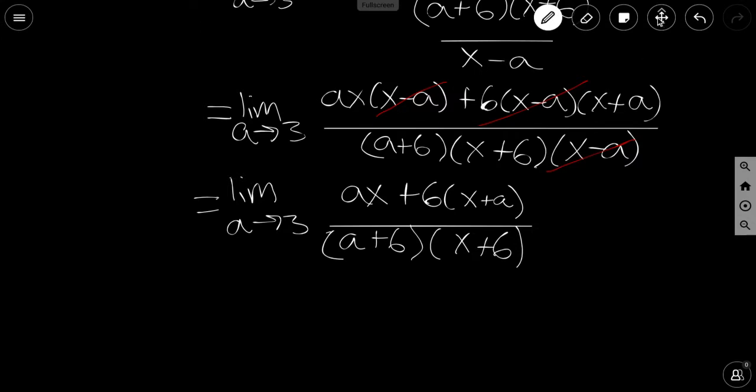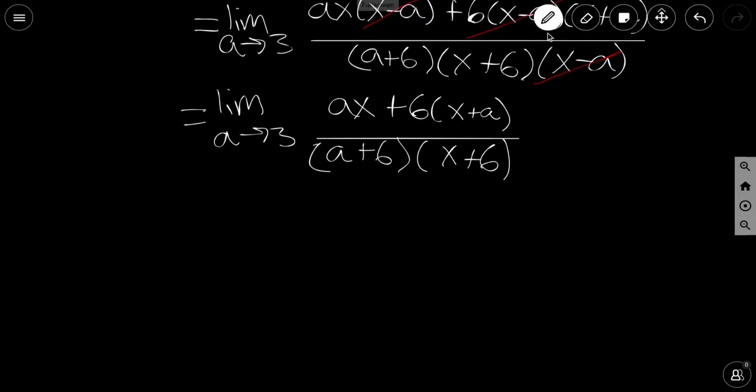So from here, we can plug in a if we wish to. First, I'll rewrite my problem. So I'm going to have, okay, the notation was wrong. It was as x approaches a the entire time.